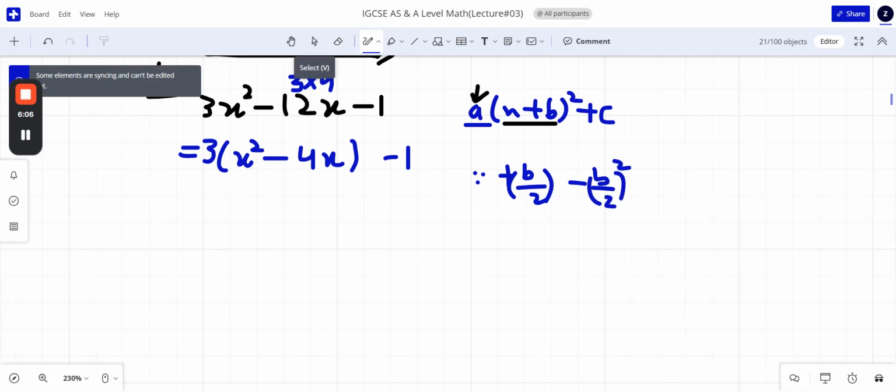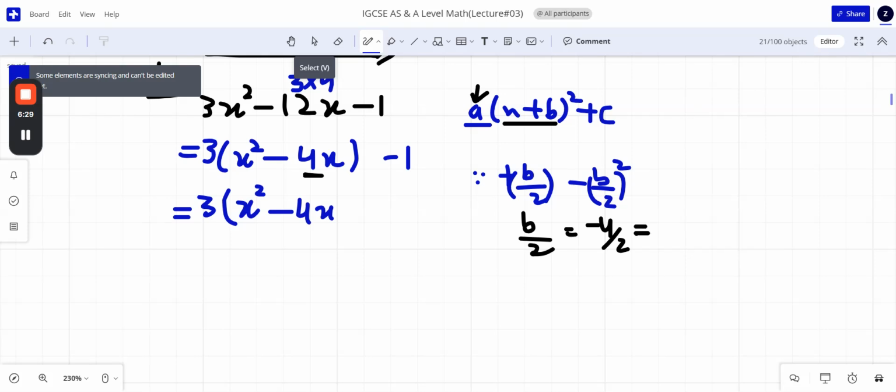So 3 we bring down the same, x square remains the same, minus 4x. Inside the parentheses we add and subtract b by 2. What is b by 2? It equals minus 4 by 2, because the coefficient of x is minus 4, so it is minus 2.